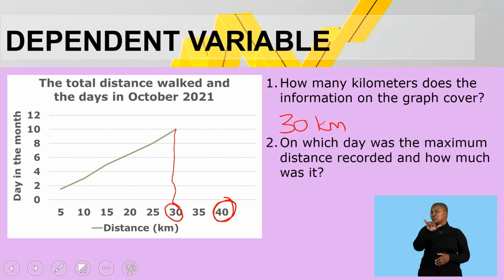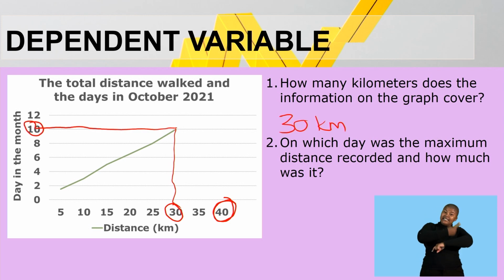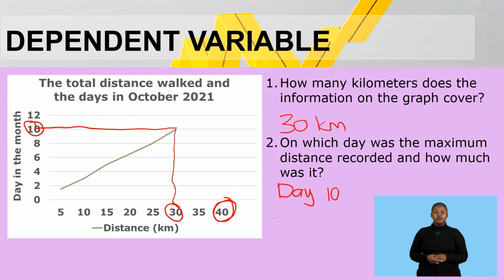On which day was the maximum distance recorded and how much was it? It was on day 10, and then again 30 kilometers. So it's day 10, and then on day 10 it was 30 kilometers.